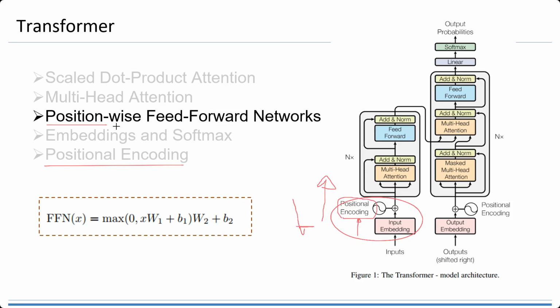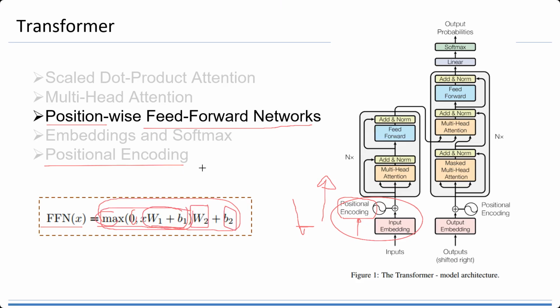So at the end, if we do the feed-forward networks, the FFN, we will use this function. We will check what is the maximum between 0 and xW1 plus b1. After we get those values, we will multiply with W2 plus b2.